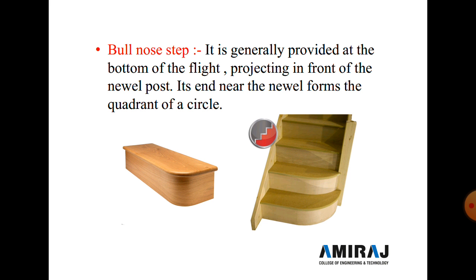It is generally provided at the bottom of the flight and projecting in front of the newel post. Generally it is provided at the end, and on one side a circular face is provided. A bull nose step is generally seen in residential, commercial and industrial buildings.